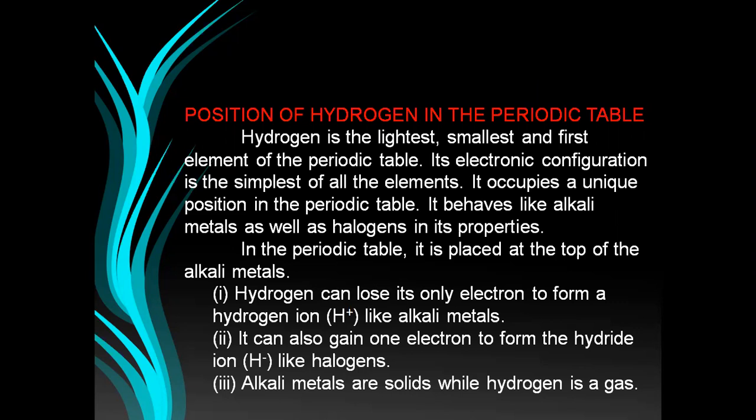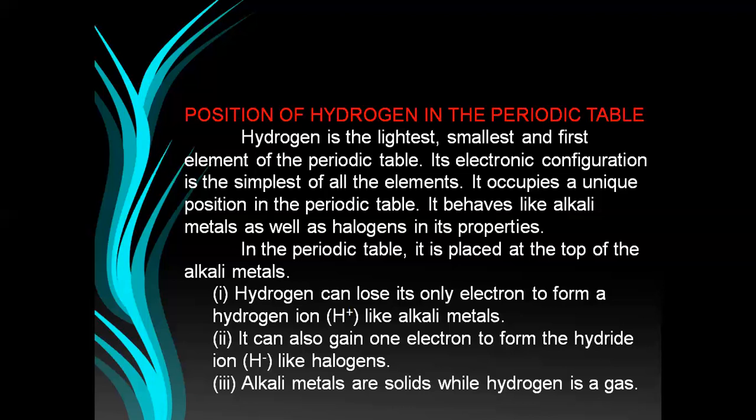Next, if hydrogen gains 1 electron, it forms the hydride ion, like halogens. Already we have seen this. It behaves like alkali metals as well as halogens in properties. How does it behave like halogens and alkali metals?